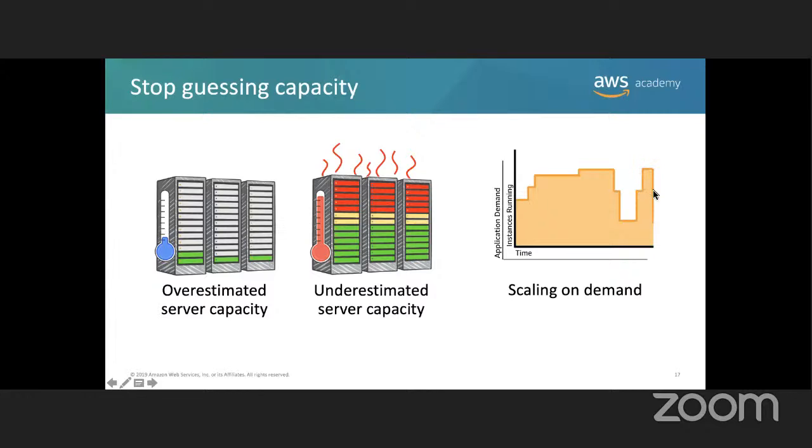So even though this is going up, it doesn't mean that you're scaling up. You're scaling out because you are increasing the number of instances that are running. So that's what the cloud does. You don't have to guess capacity anymore. Capacity is taken care of by AWS and auto scaling.